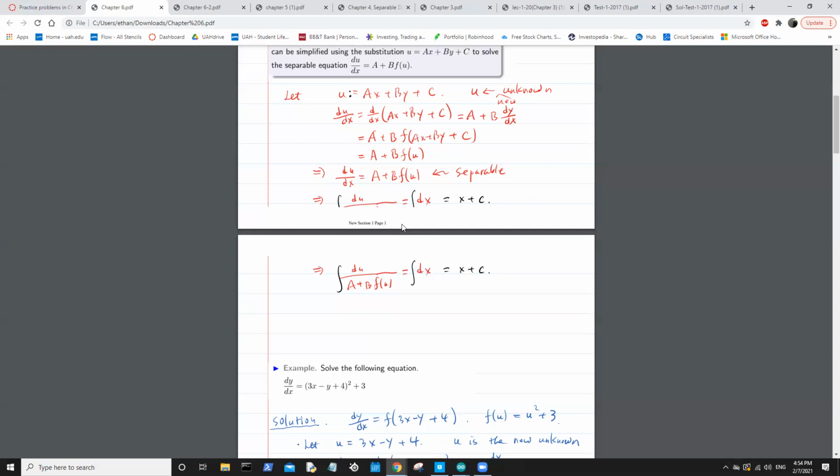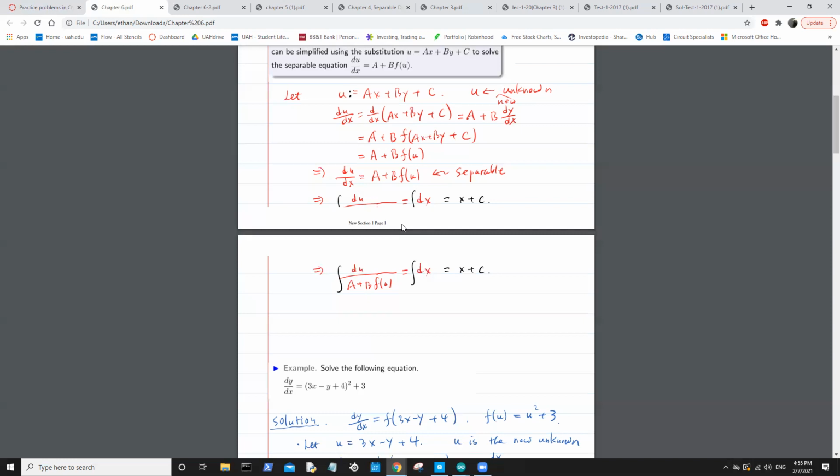So this should be negative 1 over u plus c is equal to x plus c on the other side. I just added x out of nowhere. What am I doing? No, the x does pop up because when it's just dx, it's the integral of 1. That's why I was a little messed up there.